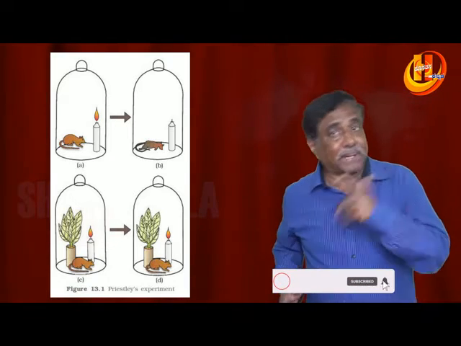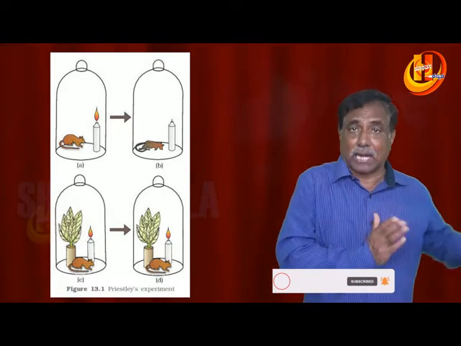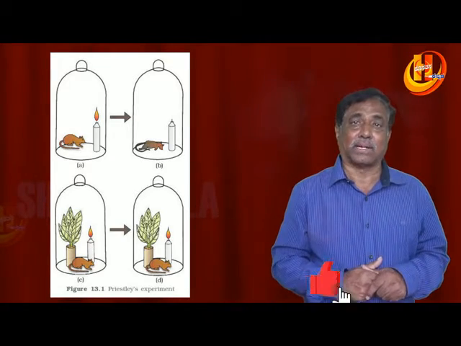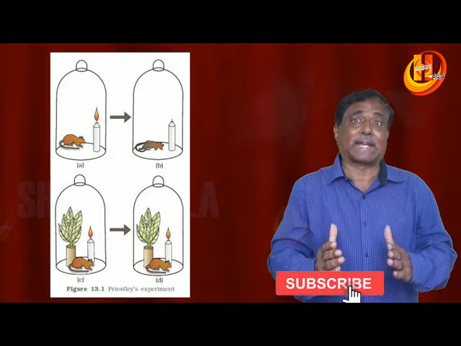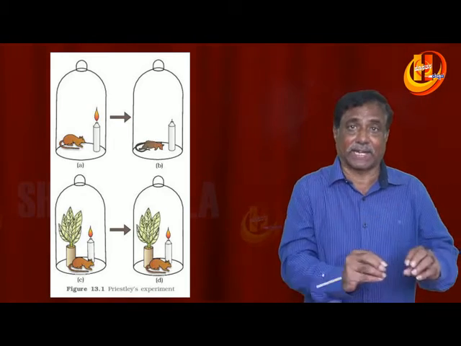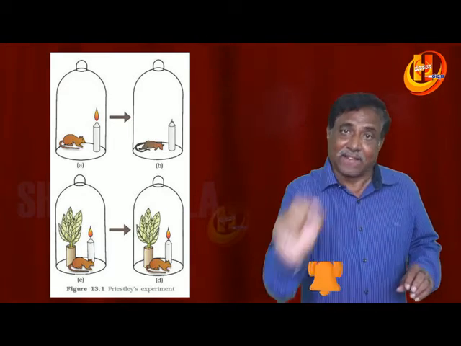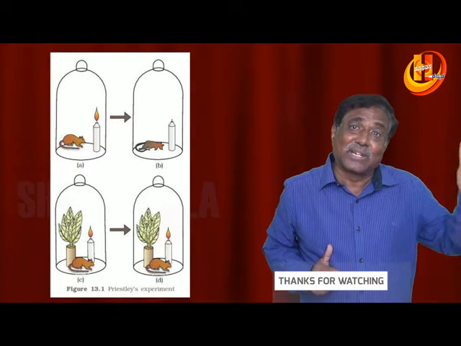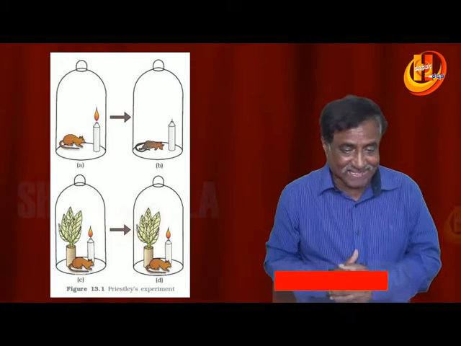But he repeated the same experiment without a potted plant, just a rat and the candle. The rat after some time got suffocated and the candle extinguished. This shows that oxygen is released during photosynthesis.